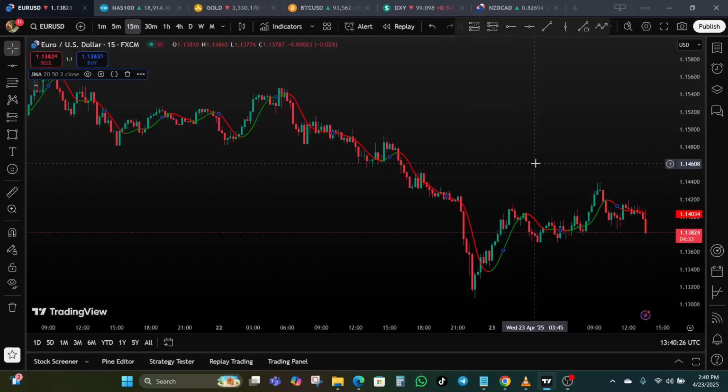Now, this indicator is a tool that smooths price action and helps you detect trends with precision. The Jurik Moving Average, or JMA for short, is a sophisticated moving average that is designed to adapt to market conditions. Unlike the simple moving averages or exponential moving averages, which have fixed calculation formulas, the JMA adjusts its sensitivity based on market volatility.